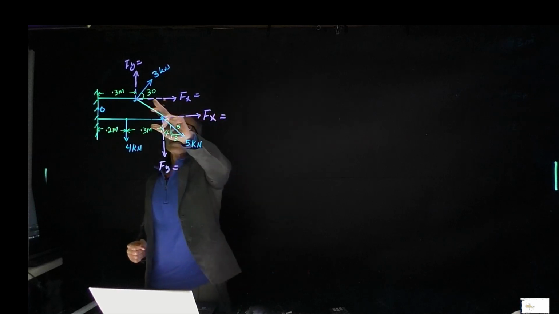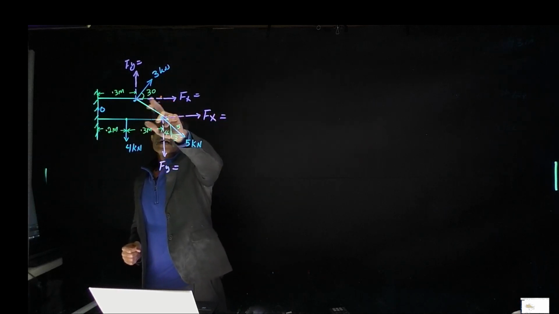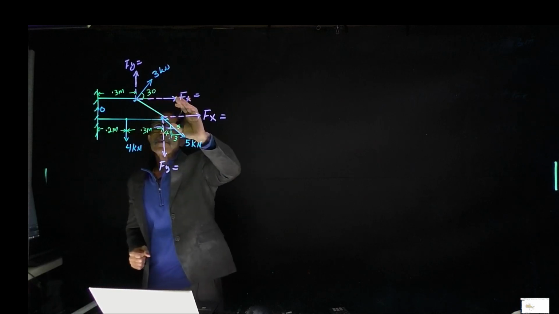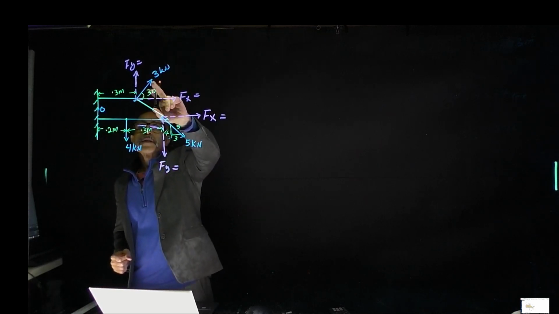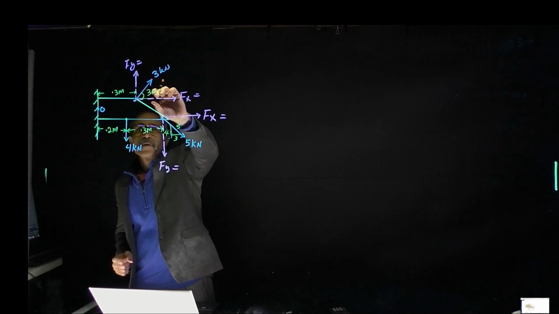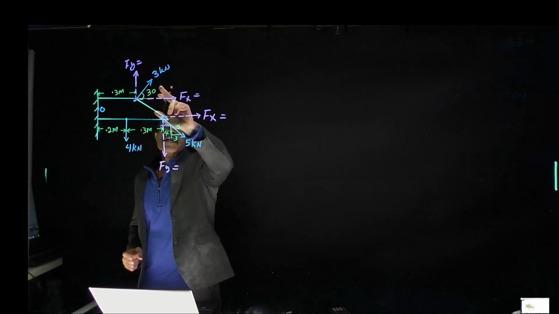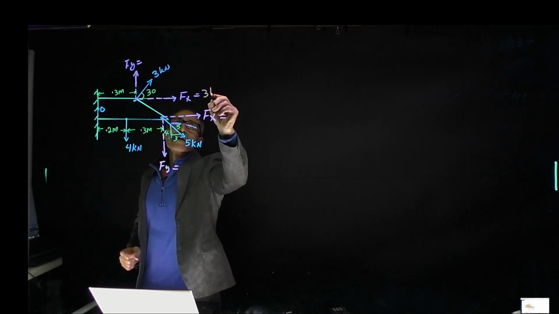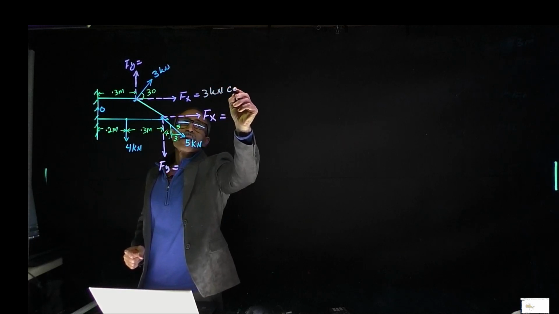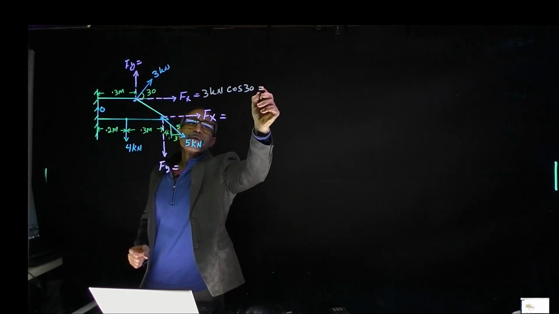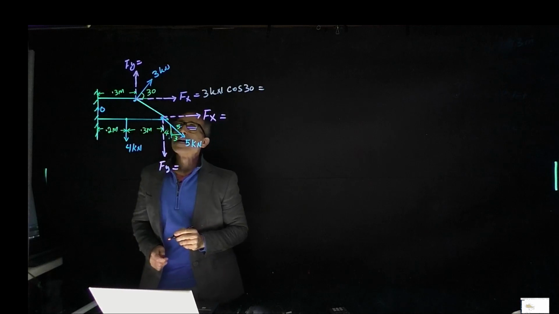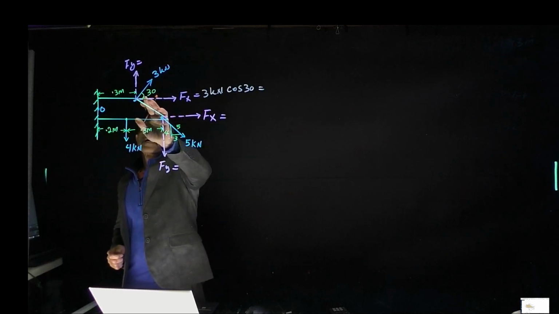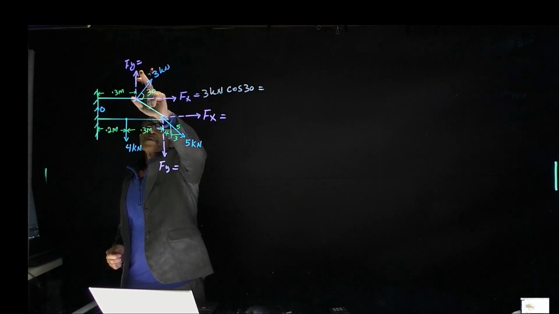Now we have here, this is easy, F of x, and I have this 0 kilonewton. If I want the x component of this, all I have to do is multiply this by cosine. So cosine 30, it's going to be 3 kilonewton times cosine 30, whatever that comes out to. And this one is going to be the vertical component of it. There are two different ways we can figure this one out.